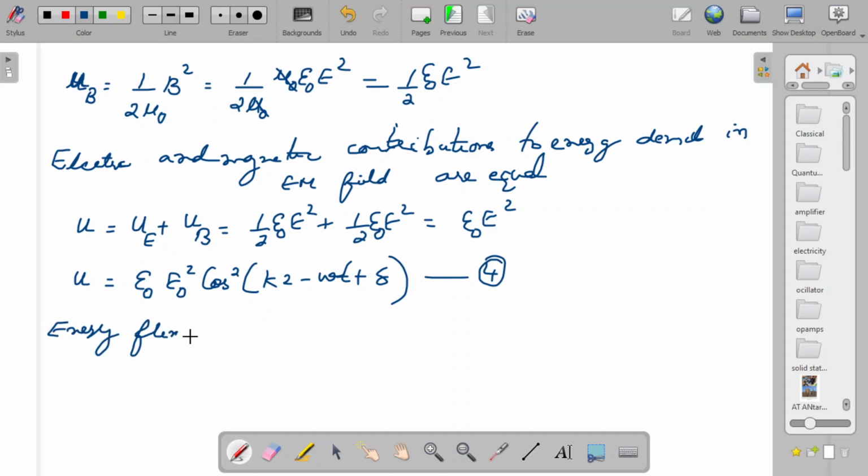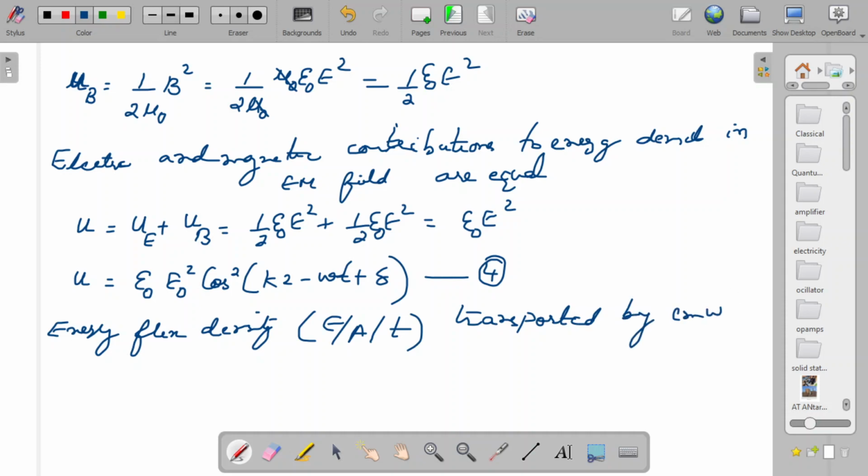flux density, that is, energy flux is energy per unit area per unit time. Energy flux density transported by the electromagnetic wave can be written vectorially, and that is actually the Poynting vector, and this was found to be equal to 1 by mu 0 into E cross B. Okay, you have already derived that.